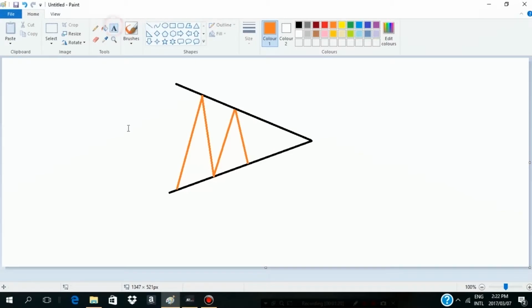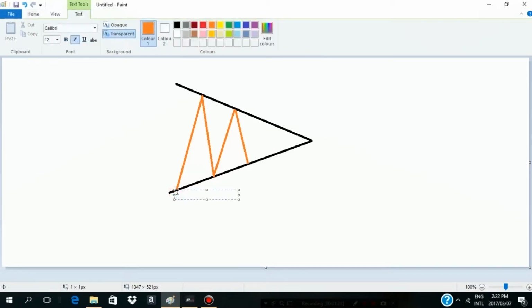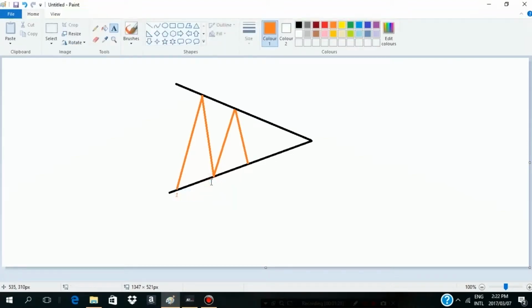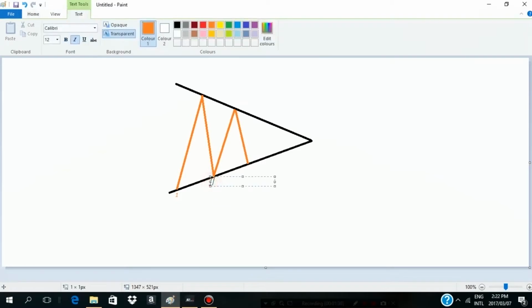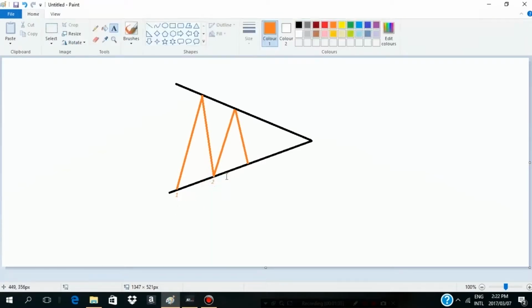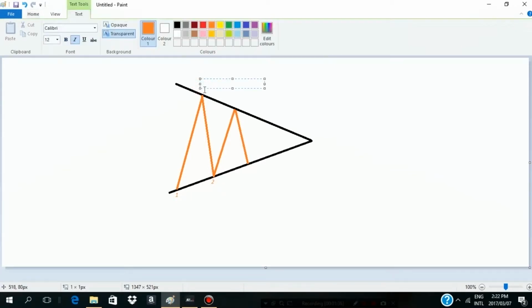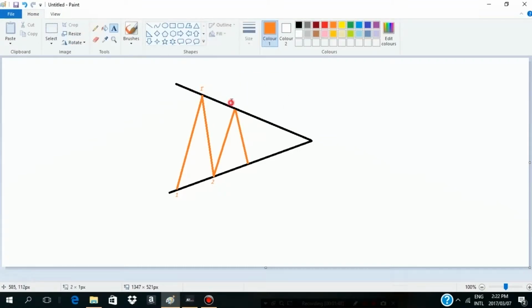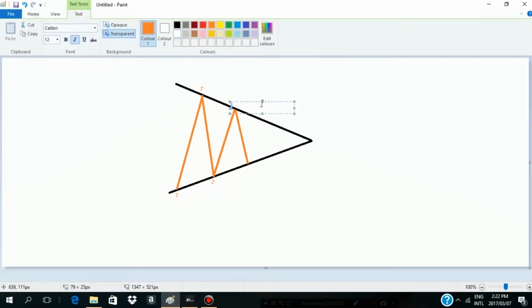Now, how you plot a triangle is you find one point of support and then another point of support. So you've got to have two shadows that meet, or 2 points, to form your support, and then 1 point for resistance, and another point for resistance.